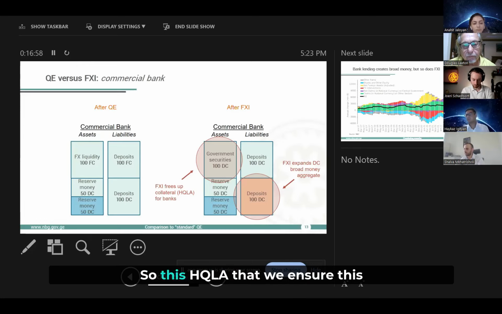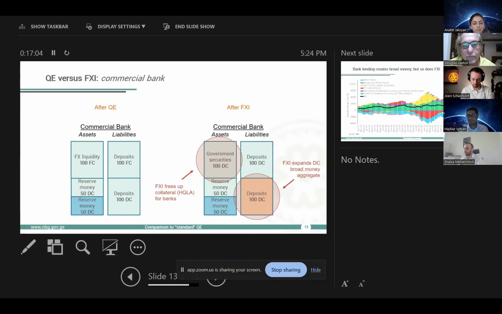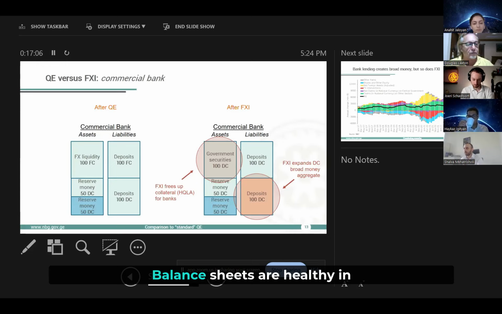So this HQLA, in short, is an important determinant of commercial banks' balance sheet health in terms of liquidity risk. If HQLA is higher, it's more likely that this bank is less afraid of liquidity risk and can be more aggressive in extending loans and increasing money creation.